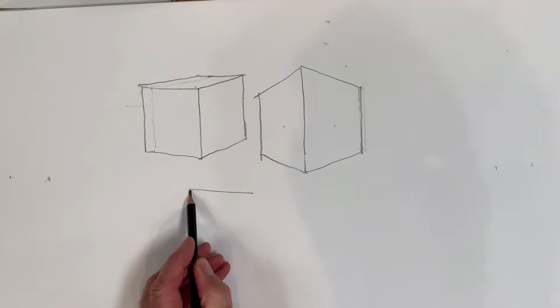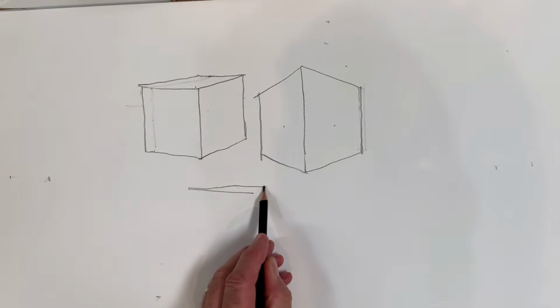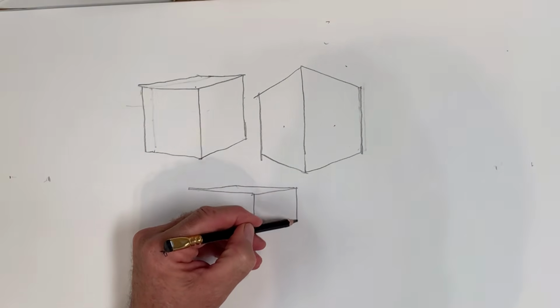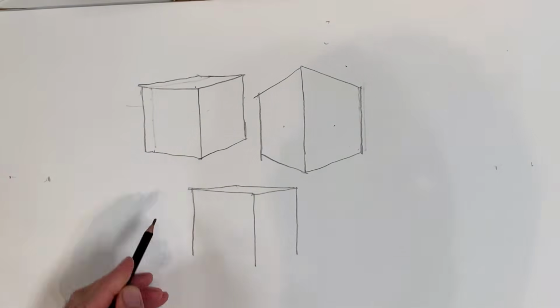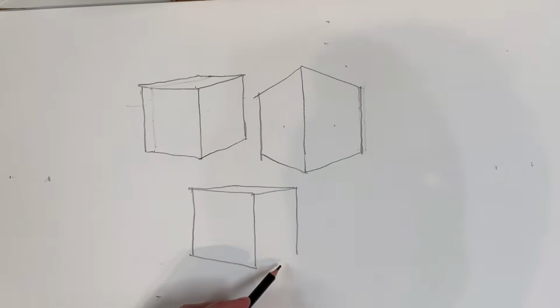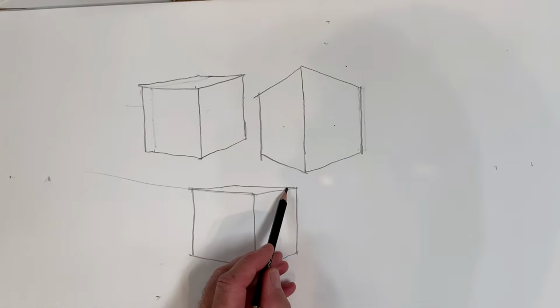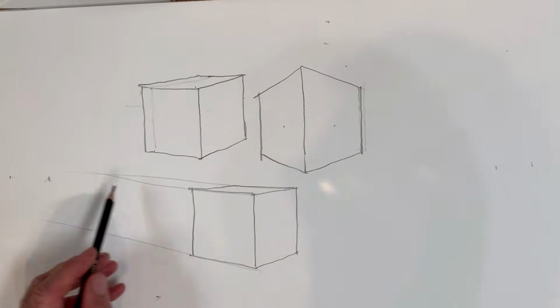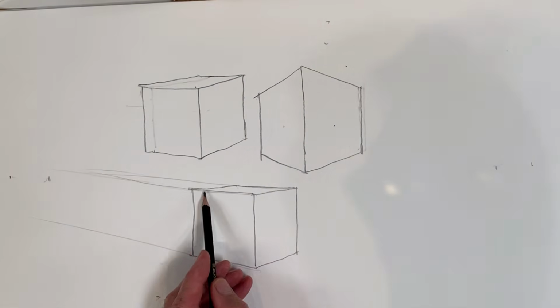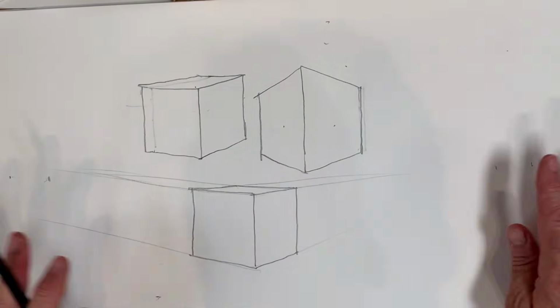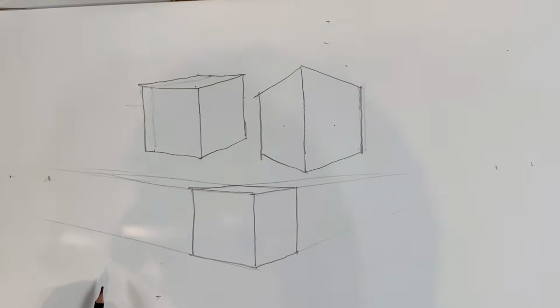Then you could try one where you've got a very small top plane. And you're seeing that these are all working together back to one vanishing point, perhaps outside of the picture plane.